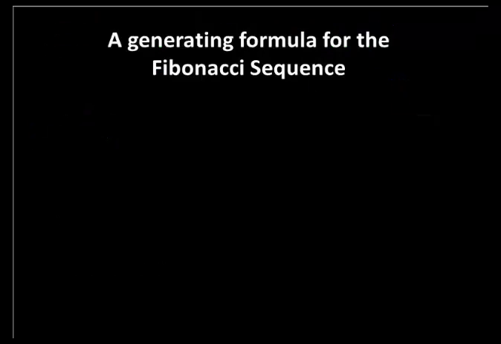So the last thing I would like to do in this video is find a way to say how to generate the Fibonacci sequence. We could say it in words. We could say, well, we have to say that the first Fibonacci is equal to 1, and the second Fibonacci is equal to 1.